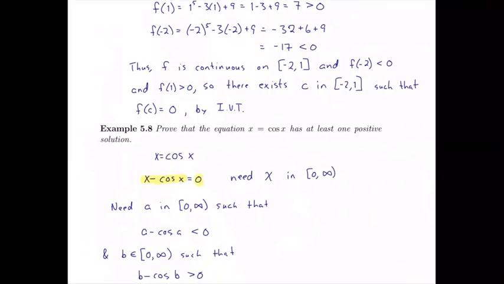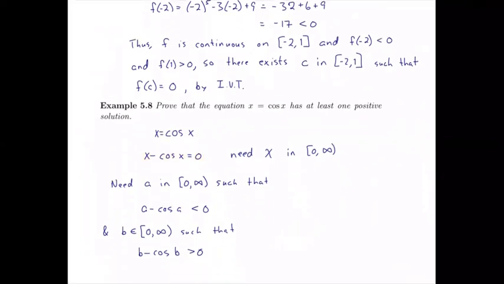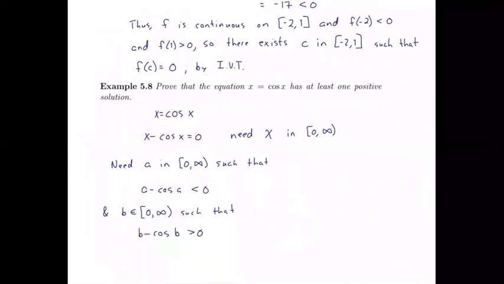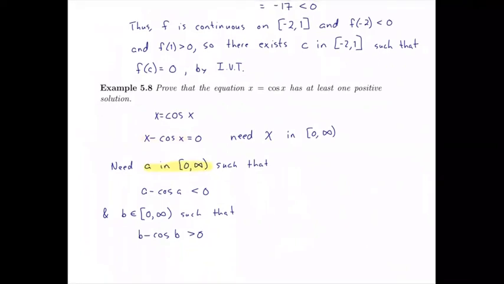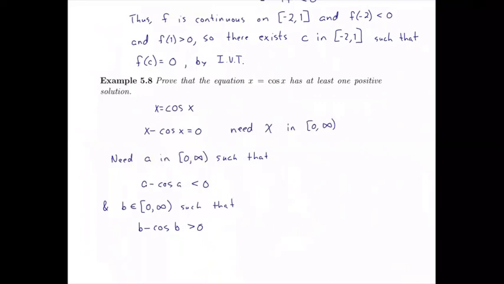So your strategy is to do this, and I'll let the reader or viewer complete this on their own. We need a number a in 0 to infinity. So we need some positive number a, and we're going to guess and check. You're going to have to guess and check to find this. It's so that when you plug a in, the result is less than 0.